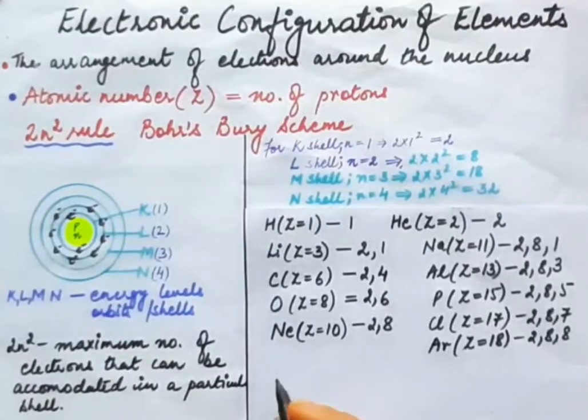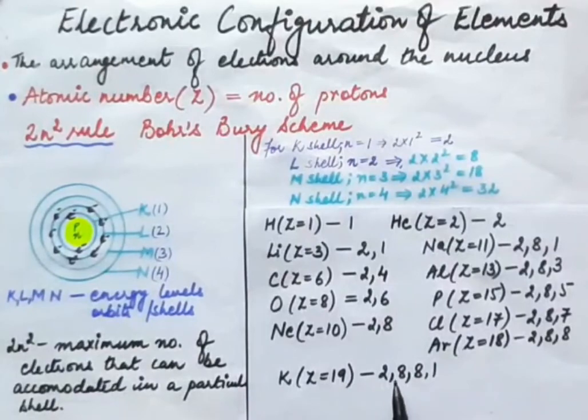Now from argon, if we move on to the next element, let's say potassium, the atomic number is 19. Now we write down the electronic configuration. This becomes 2, 8, 8, 1. It is important to note here that we are not writing this as 2, 8, 9. Why so?